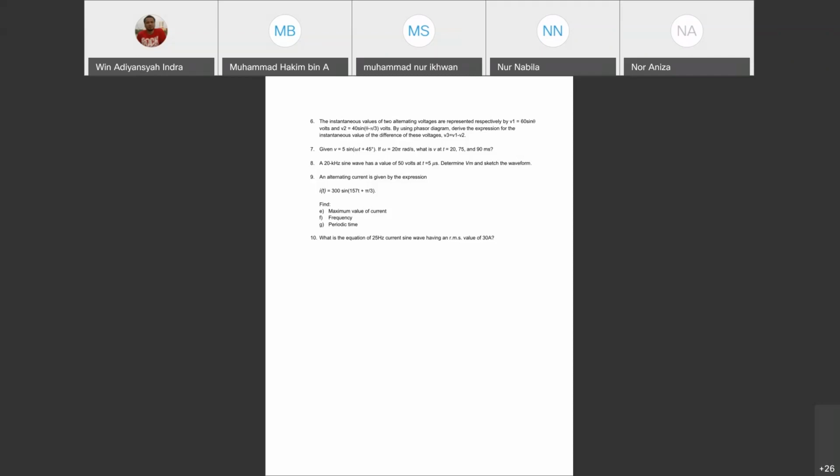Remember the general format is i(t) equals I_m sine, with a phase if there is one. The maximum value is given already as a direct question. The maximum value of current is 300.